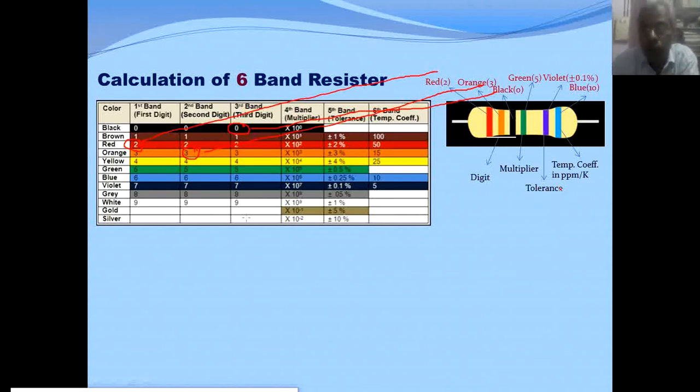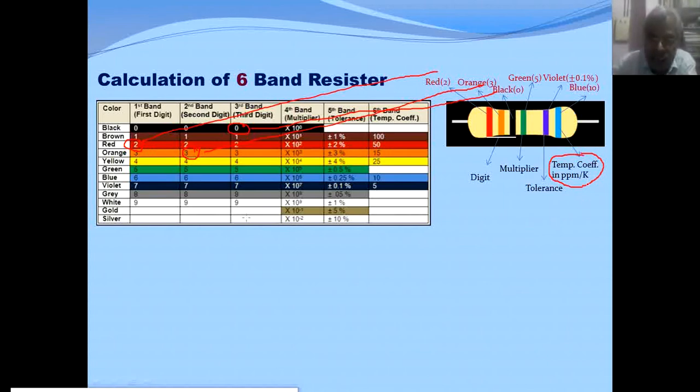And one more feature is added here, the temperature coefficient, and the unit of this temperature coefficient is parts per million per Kelvin or per degree Celsius. Actually this factor is used to find the change in resistance of the resistor due to the effect of temperature.